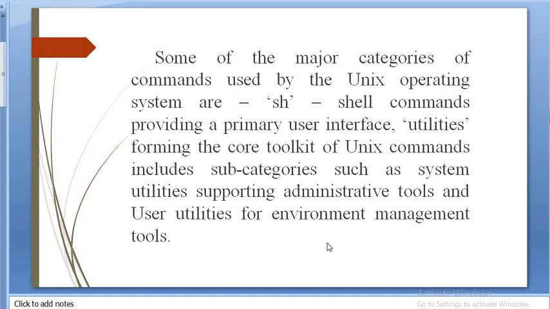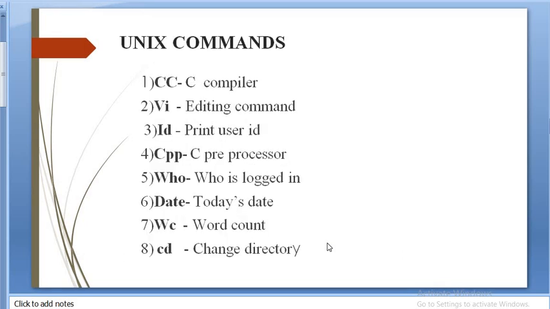Some of the major categories of commands used by the Unix operating system are shell commands, providing the primary user interface, and utilities, forming the core toolkit of Unix commands, which include subcategories such as system utilities, supporting administrative tools, and user utilities for environment management.